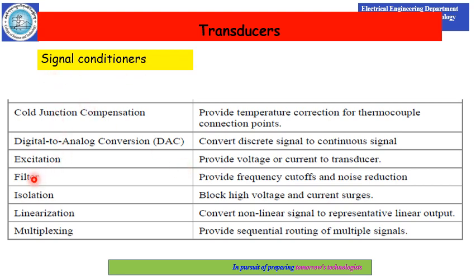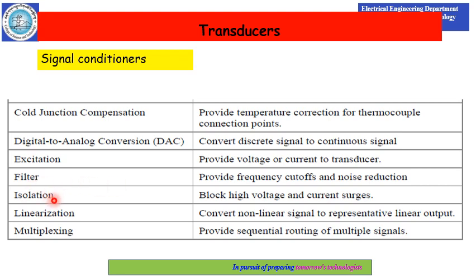The fourth type of signal conditioner is the filter. Filter is basically a device or process used to remove unwanted noise or interference from signals. Filters can be analog or digital, and they can be designed to remove specific frequencies or types of noises.